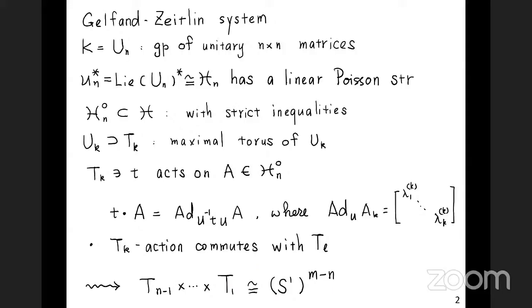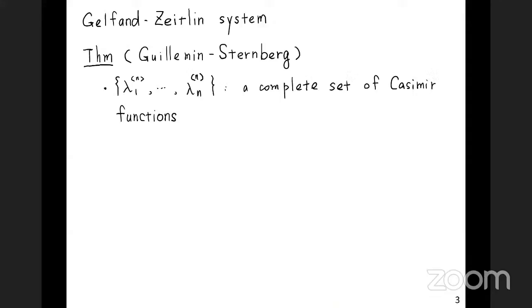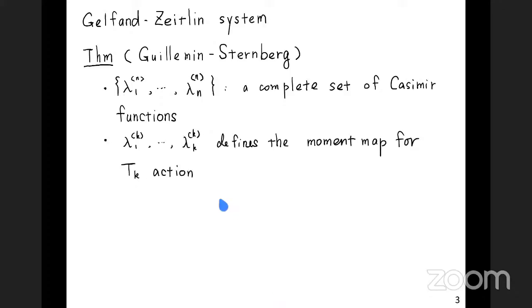Then, in the paper of Guillemin and Sternberg, they showed that the top line, the eigenvalue functions here, is actually a complete set of Casimir functions of the linear Poisson structure. And what about the other functions?